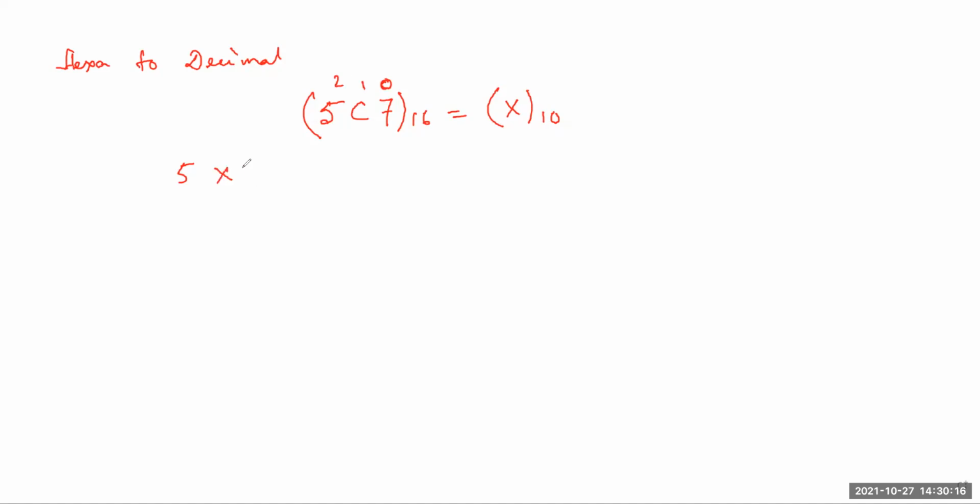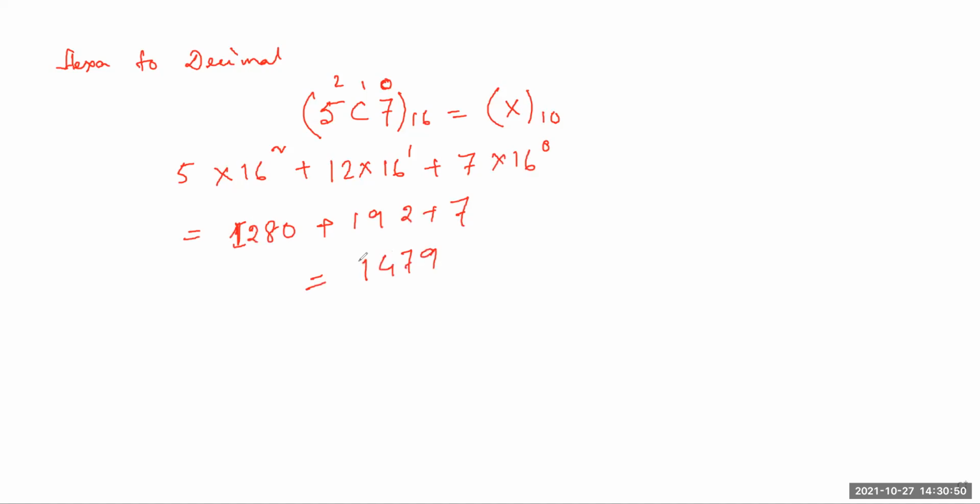So it is 5 into 16 squared plus C, which means 12, into 16 to the power 1 plus 7 into 16 to the power 0. After multiplication, it should be 1280 plus 192 plus 7. So the answer is 1479, base 10.